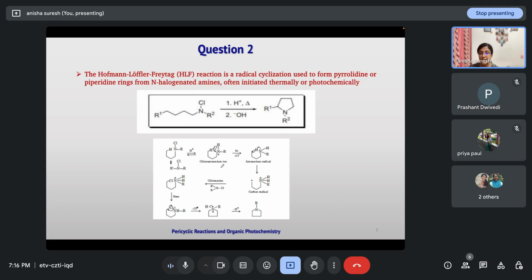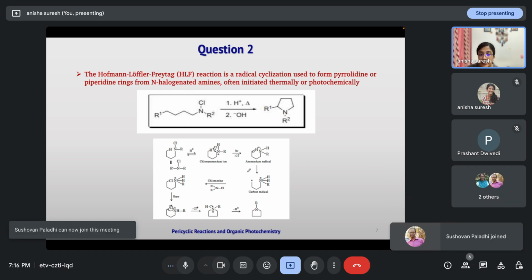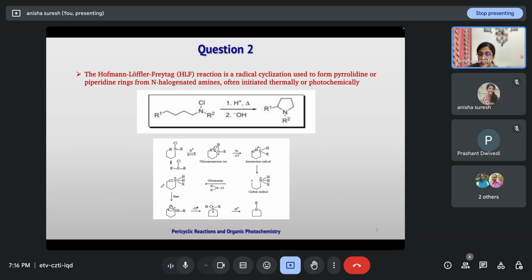First, upon protonation, it will lead to chloroammonium ion, and then homolytic cleavage will take place, leading to formation of ammonium radical. Then this hydrogen abstraction will take place, leading to formation of the carbon radical. Then this carbon radical can recombine with the chlorine, leading to formation of this intermediate.